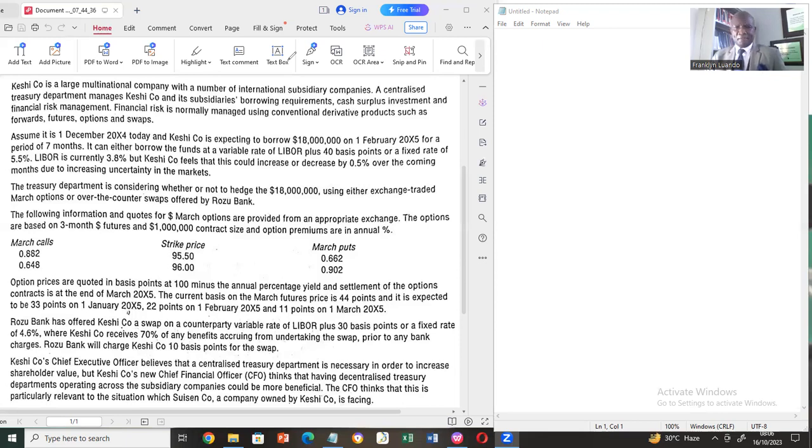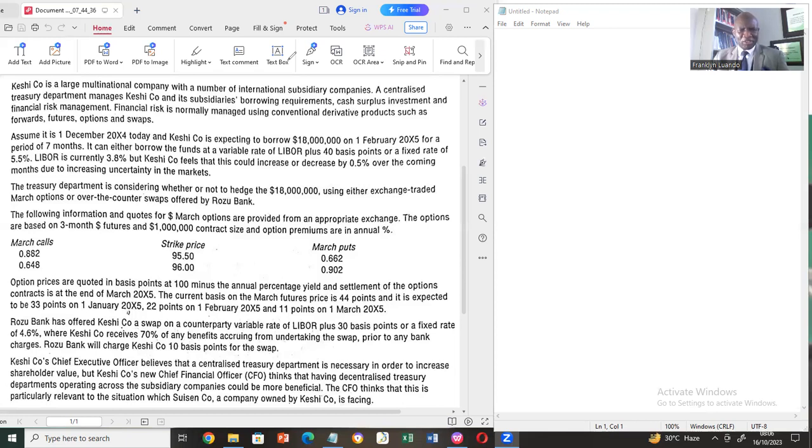When you are given the interest rate in basis points, always divide by 100. Or a fixed rate of 5.5%. LIBOR is currently 3.8, but cash company feels that this could increase or decrease by 0.5 over the coming months due to increasing uncertainty in the markets.